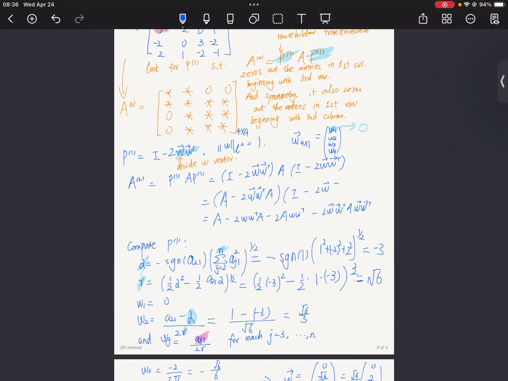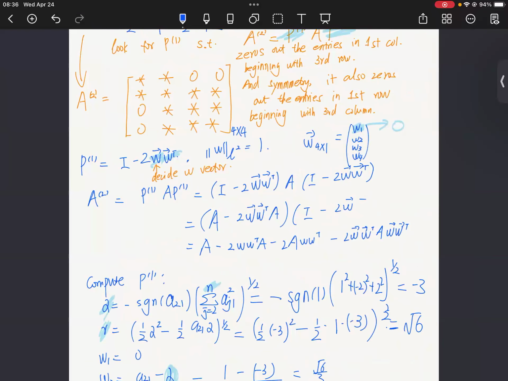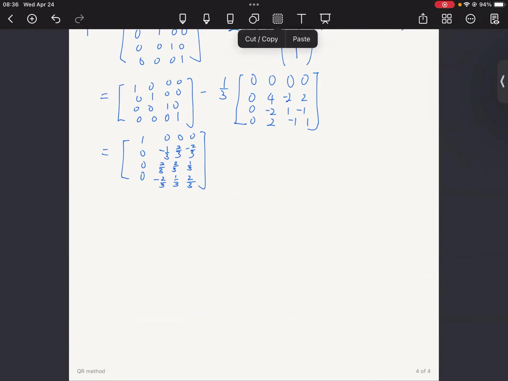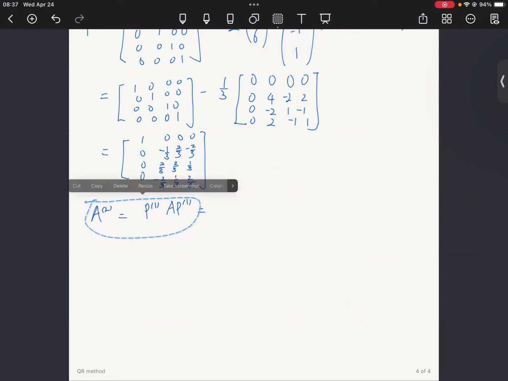I want to calculate A2 here by this formula. This is a similarity transformation. The similarity transformation should be P1 transpose times A times P1.